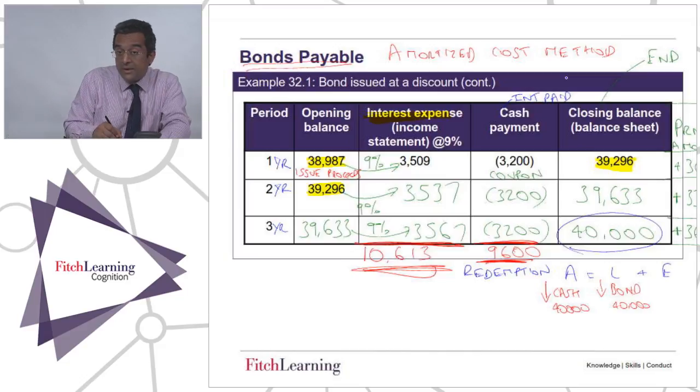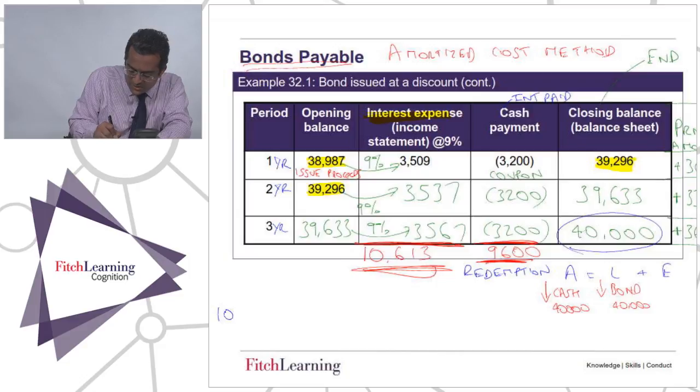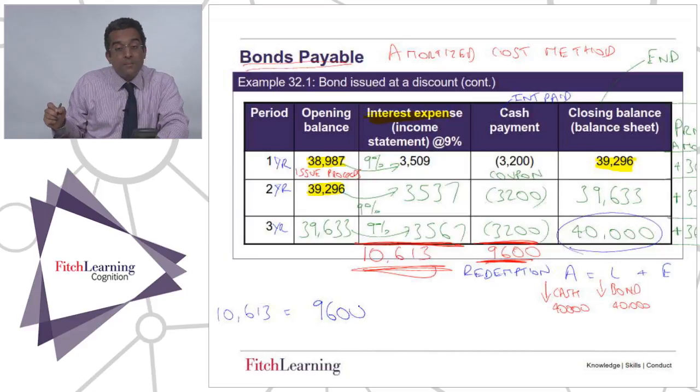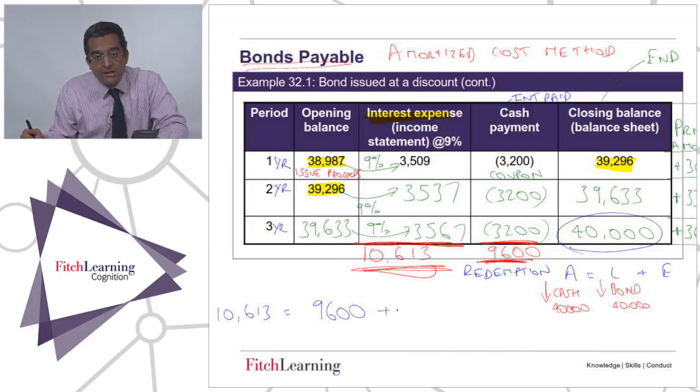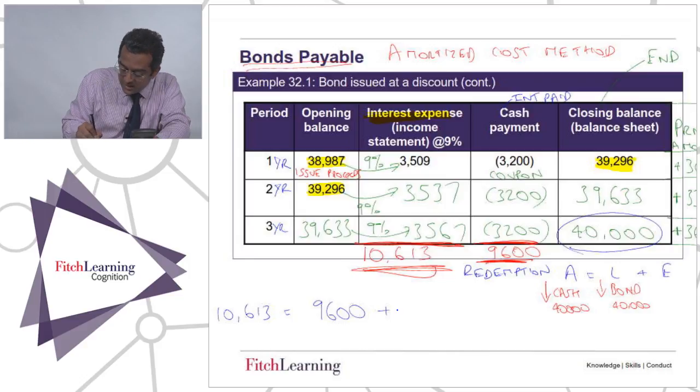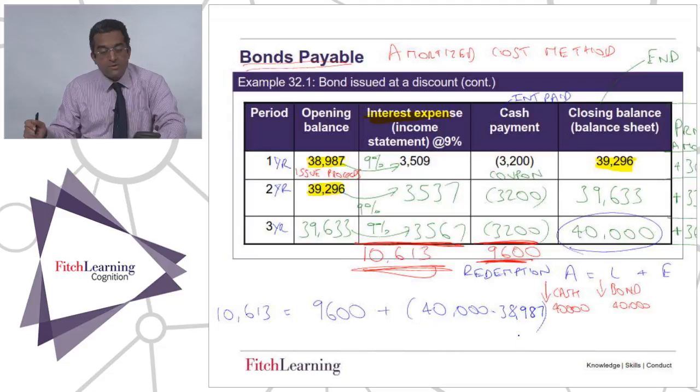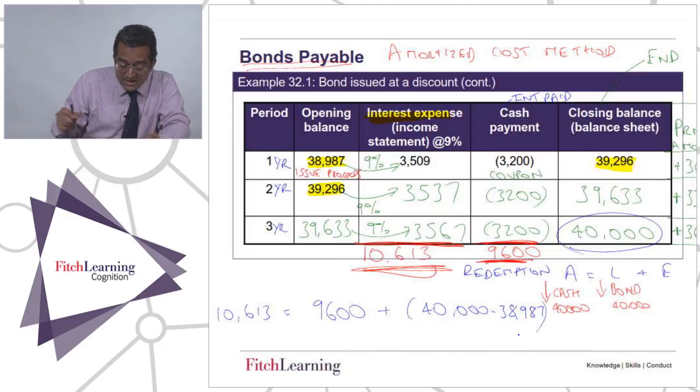And as I'm sure you probably already guessed, the reason is because 10,613 reflects the 9,600 element, but also reflects the capital which you had to repay as well. So that's the difference between the 40,000 which you paid back and the 39,000 approximately which you actually borrowed. And that's the idea, you see.